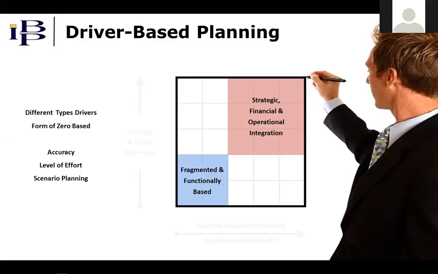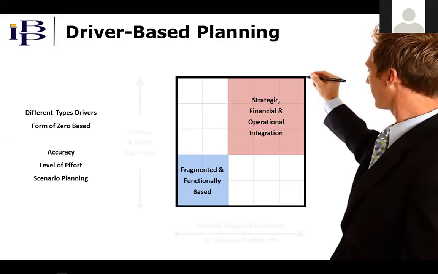And as we talked about these processes, we talked about different types of drivers. One of the things companies are talking about is zero-based planning or zero-based budgeting. Zero-based budgeting to me is just a means of connecting what I want to achieve with the resources I require.